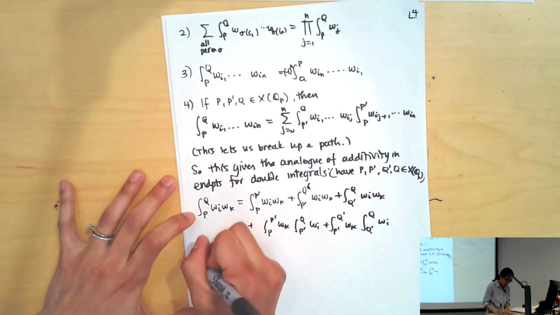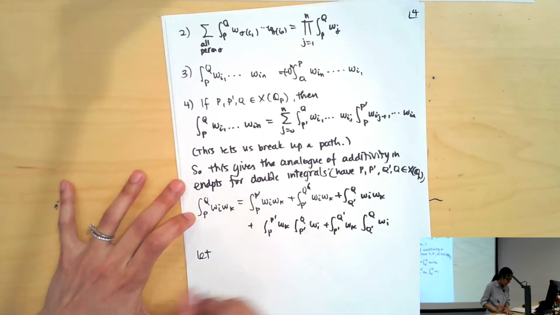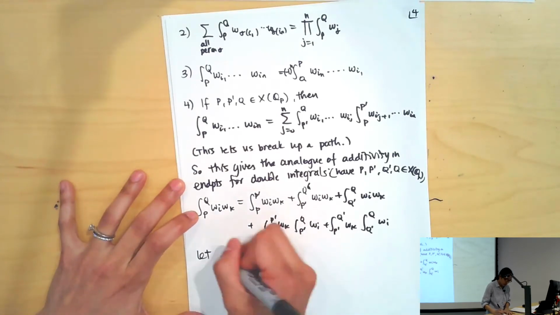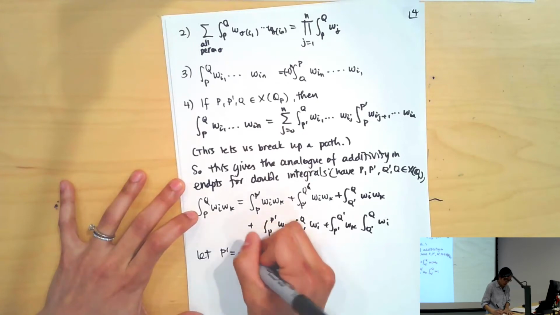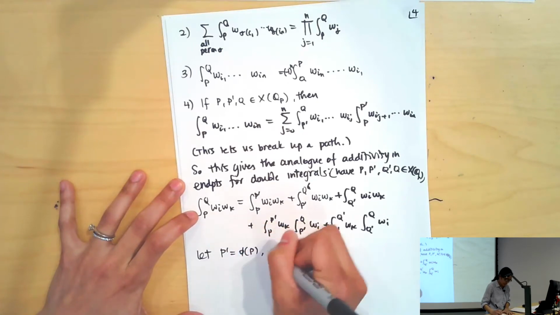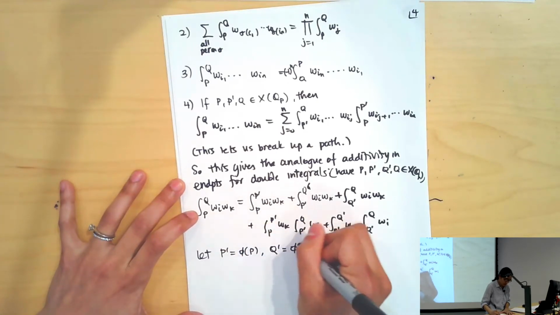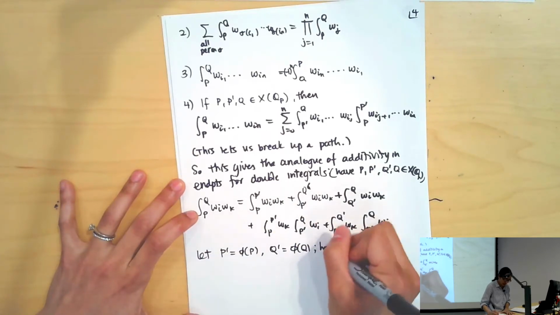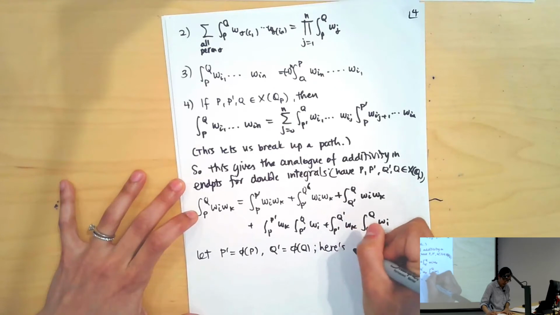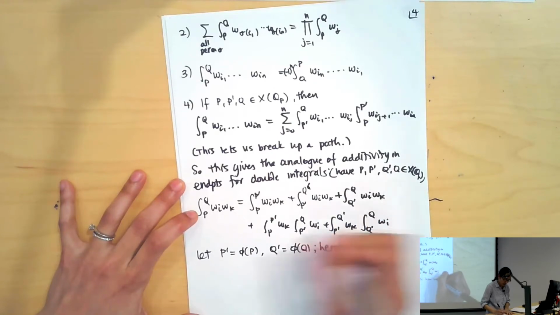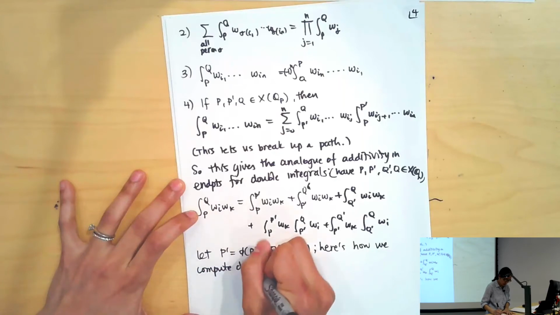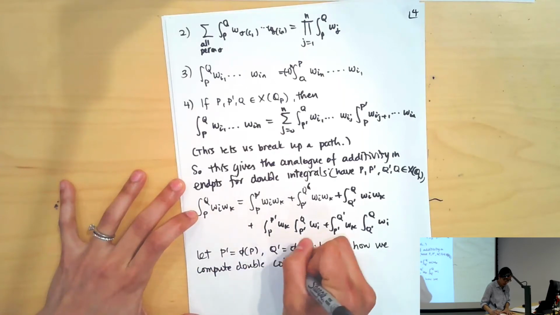All right, and then now to write down a linear system to compute values of double integrals, we want to take p prime to be Frobenius on p and q prime to be Frobenius on q. And here's how we compute double Coleman integrals.